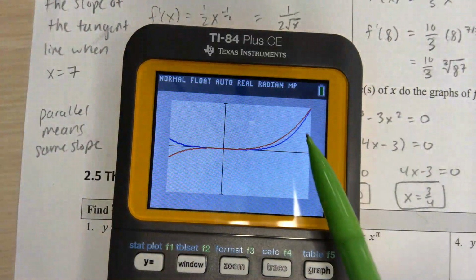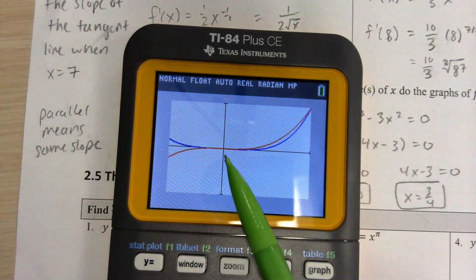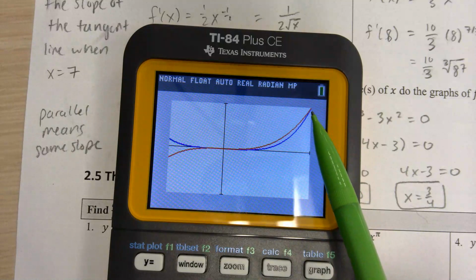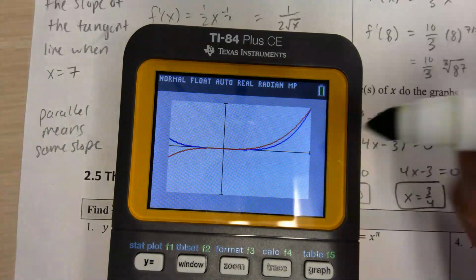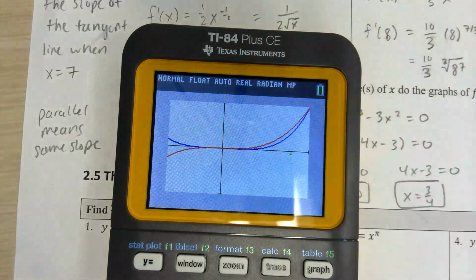And so we're not trying to find where they intersect. This happens to intersect, but we're not trying to find when the blue and red intersect. We're trying to find when the slopes are the same. So if I look at 3/4, which is the other solution, it would be right about here.